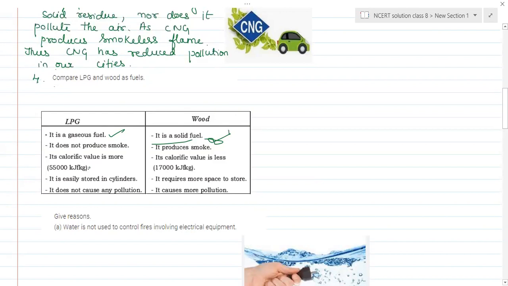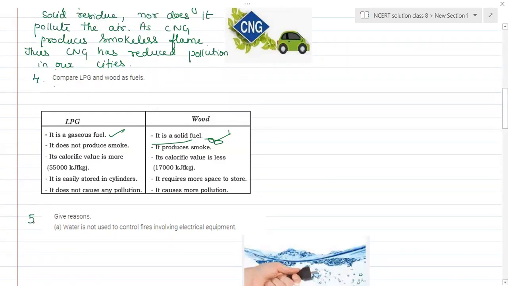LPG has high calorific value and the calorific value of wood is comparatively much smaller. It is easily stored in cylinders as it is transported to our houses, and wood requires more space to store. LPG does not cause any pollution. LPG is a clean fuel, but wood is causing pollution.